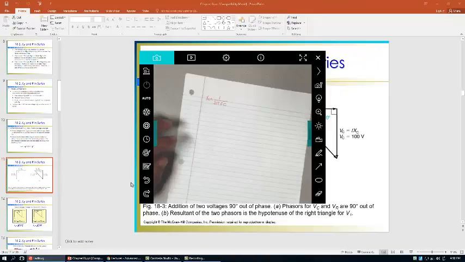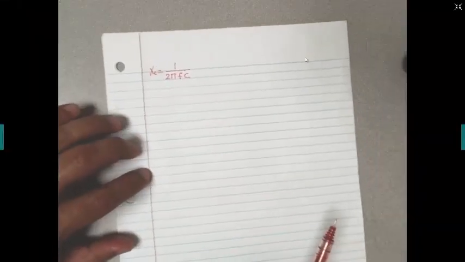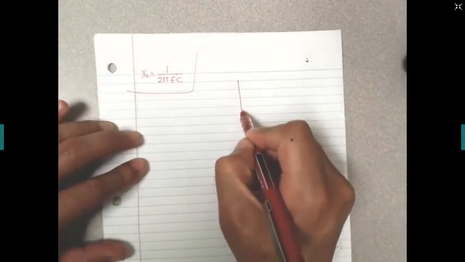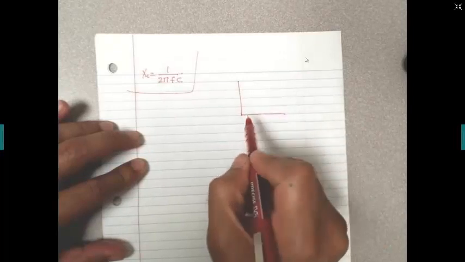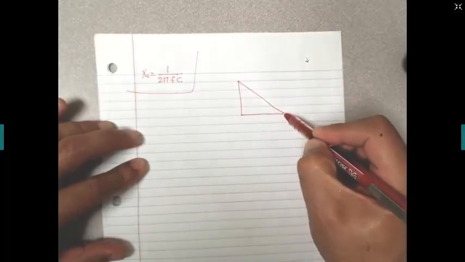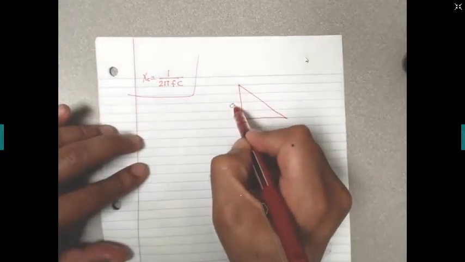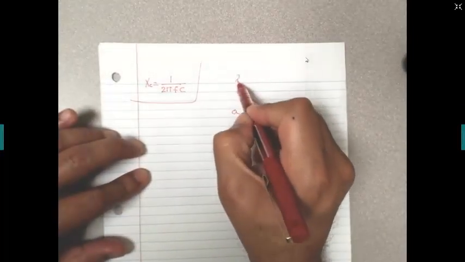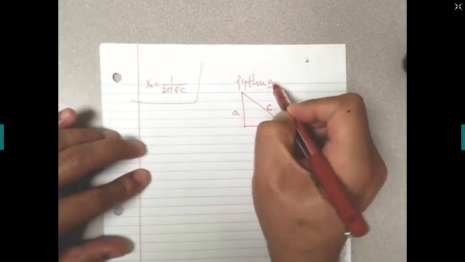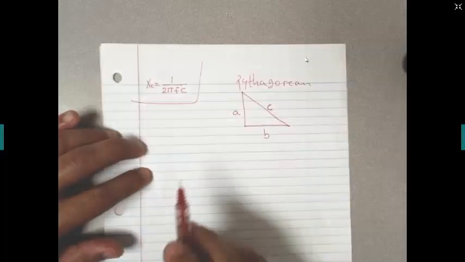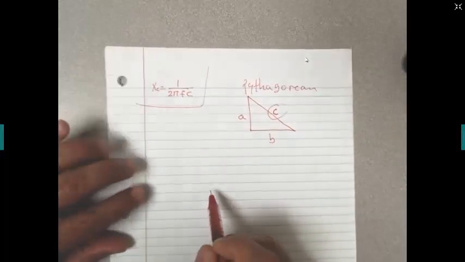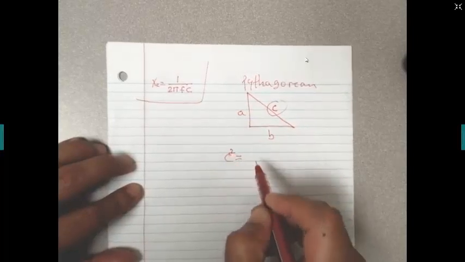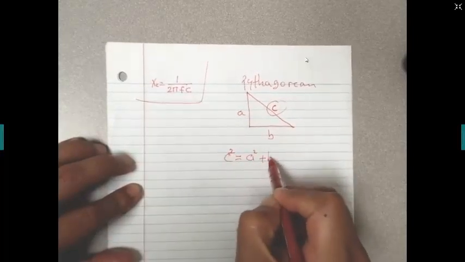Let me see if I can just go ahead and do some kind of explanation in here. Okay, remember from the previous classes that you had something like this, okay? This is a right triangle, and we say that this is A and this is B, and that would be C, which is called the hypotenuse. This is from, I believe, the Pythagorean theorem, okay? If you want to find out the value of C, it goes like that: C squared equals A squared plus B squared.